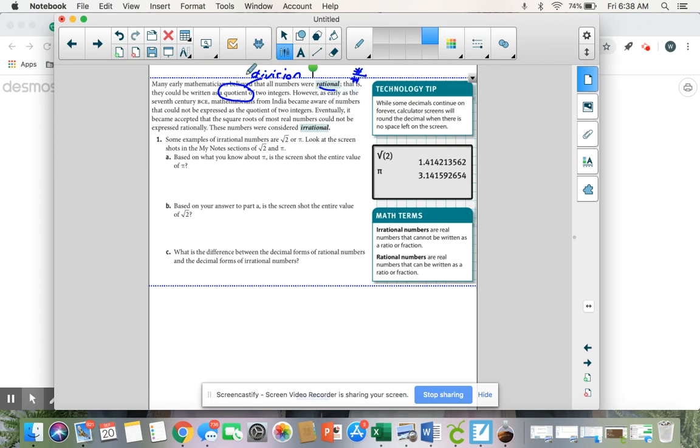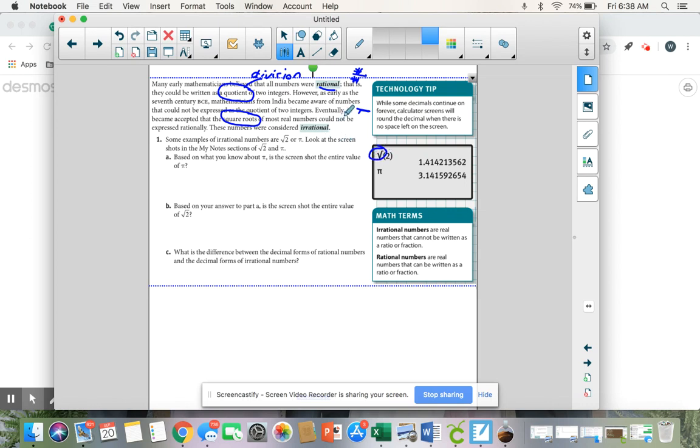However, as early as the 7th century BC, mathematicians from India became aware of numbers that could not be expressed as the quotient, or could not be expressed using division. Eventually, it became accepted that the square roots of most real numbers could not be expressed rationally. These numbers were considered irrational. You already know the vocabulary term square roots. The square root is this symbol right here.